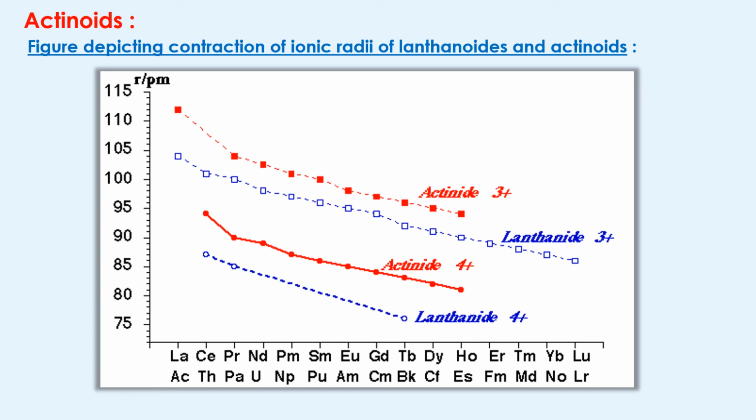Similar to lanthanide contraction, you can see a similar contraction in the actinoid part also. From this table you can correlate how much the lanthanide will contract and how much the actinoid will contract. So in this way we complete the introduction part.